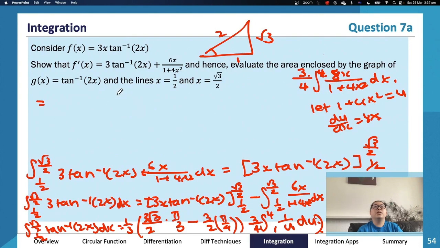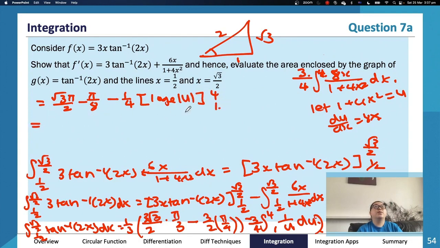So we'll distribute the 3 across. So we'll get root 3 pi on 2 minus pi on 8, minus 1/4 of u, which is log e u, right, for 1.